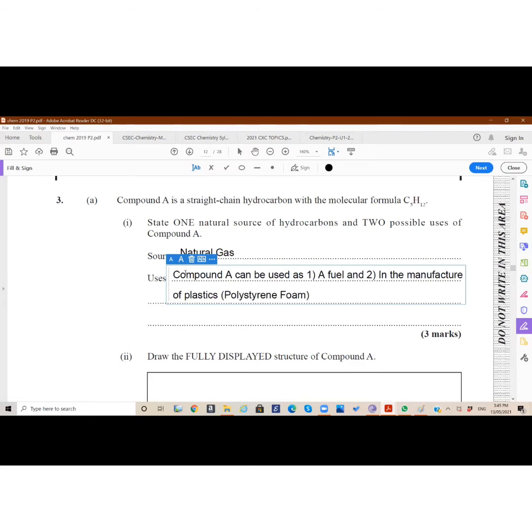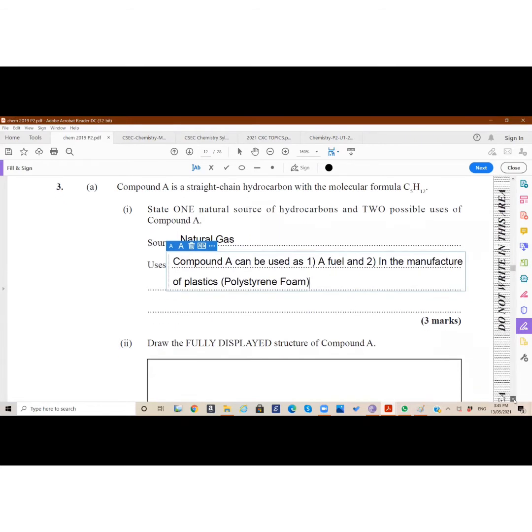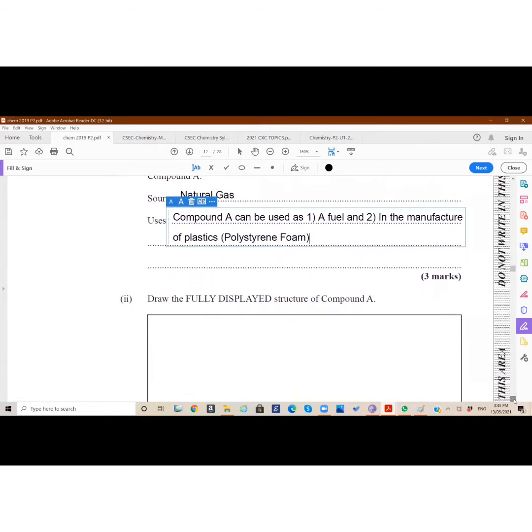Other uses, it can be used as a solvent or lubricants. Alkanes in general have those uses.